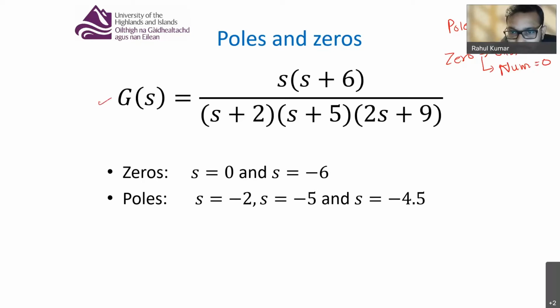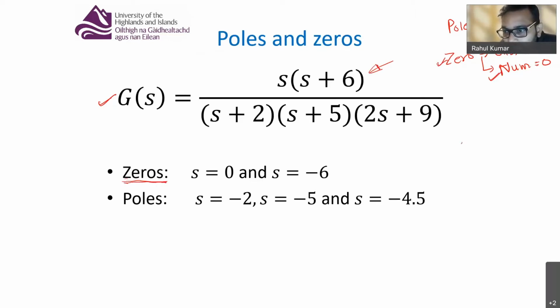So let's say this is the transfer function which is given to us. The given transfer function G of s is s plus 6 divided by s plus 2, s plus 5, 2s plus 9. So if we have to find the values of zeros, what we'll have to do? Zeros make the transfer function 0, that is the top line or the numerator equal to 0. So the top line we will have to equate equal to 0.